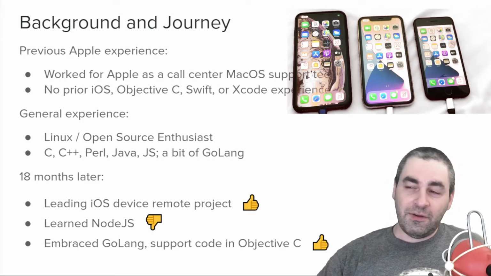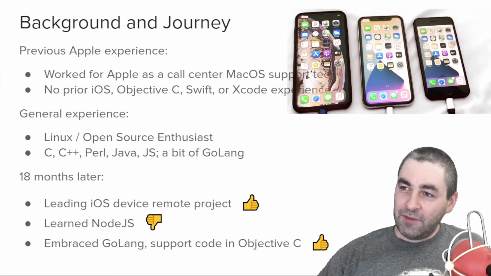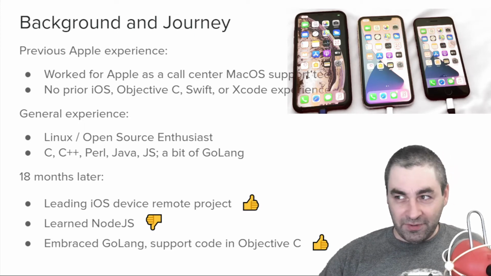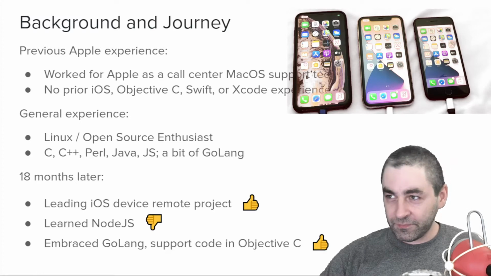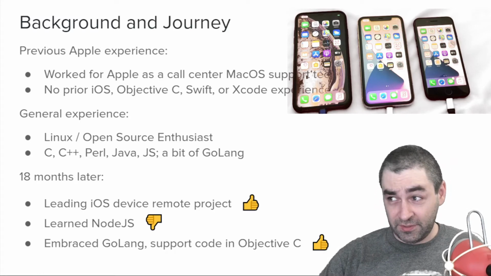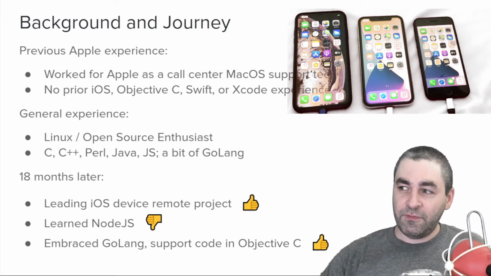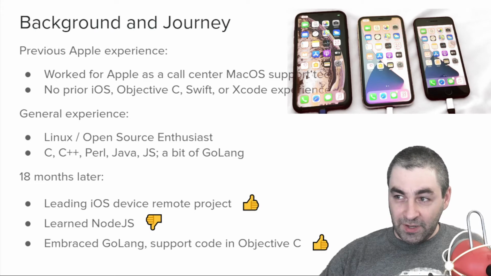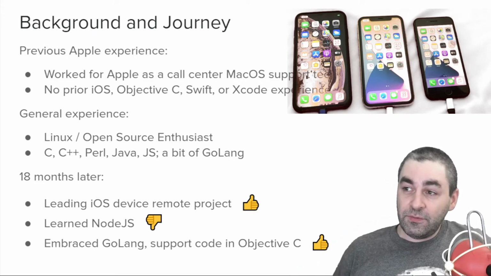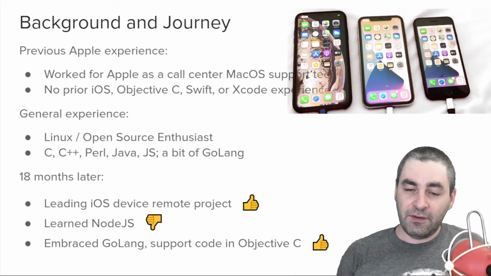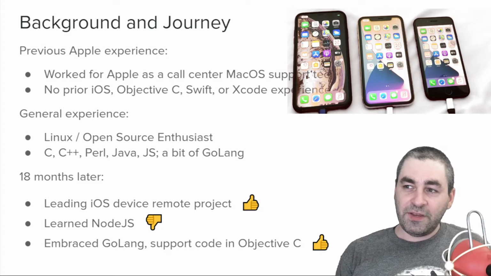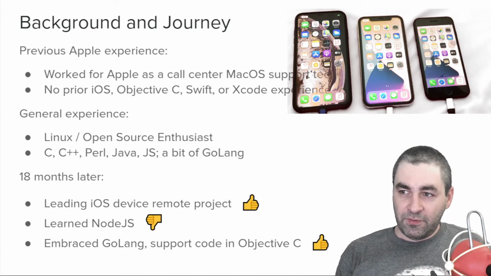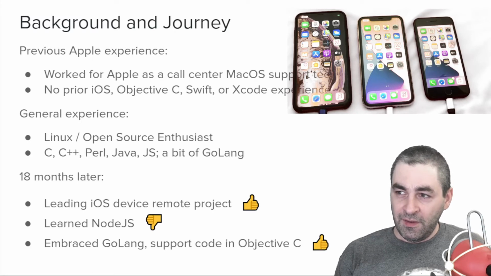So you can see, as I say here, I've used C, C++, Perl, Java, a number of other different languages. This recent project, the device farm itself, is written in Golang primarily, and secondarily in Objective-C. When I began, I was asked to extend an existing device farm project called OpenSTF in order to provide iOS support as well.